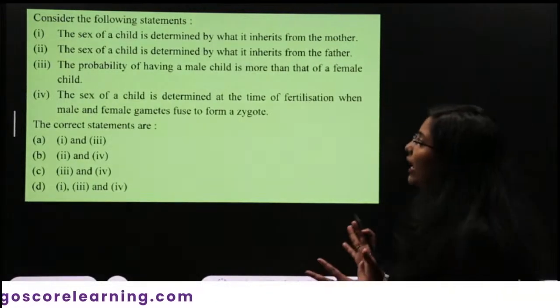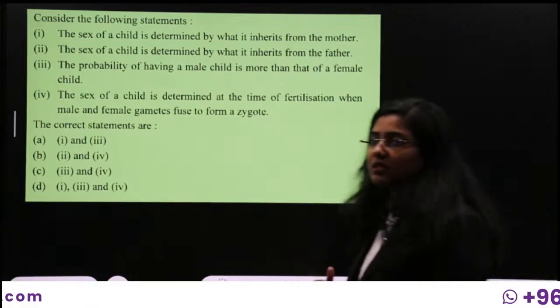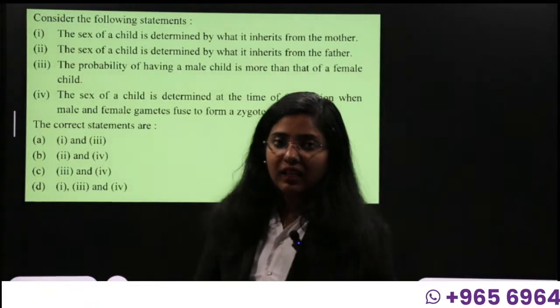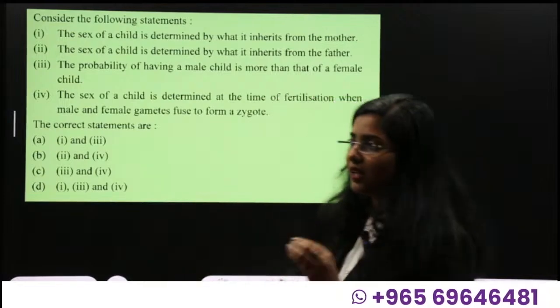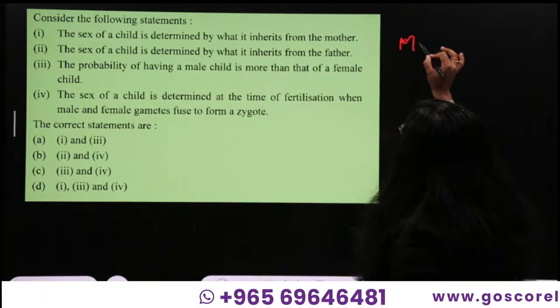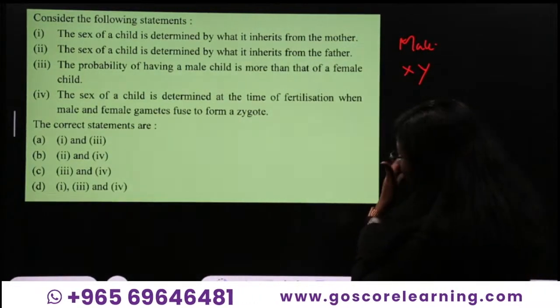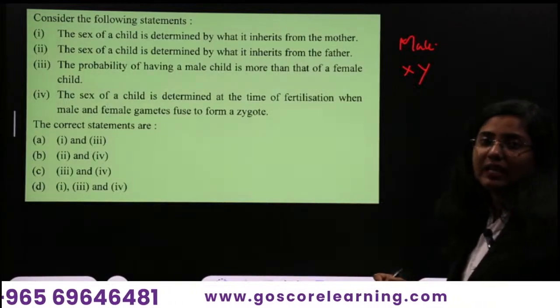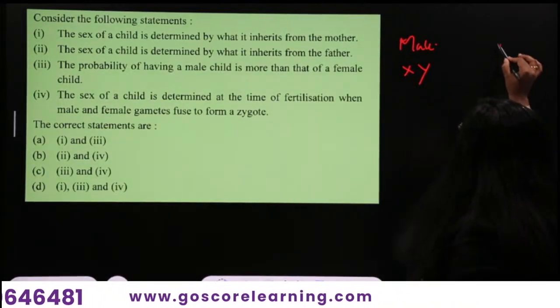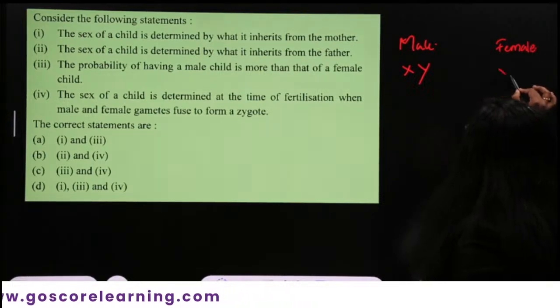So understand, always we have learned about how the sex of a child will be determined in the fetus. If male, how can male be represented? The chromosomes present in male are XY, and in the case of females, it is XX.